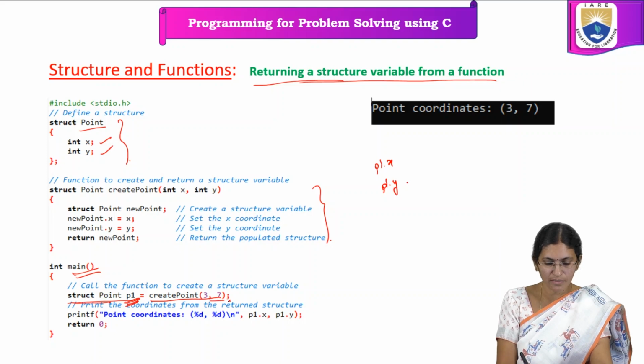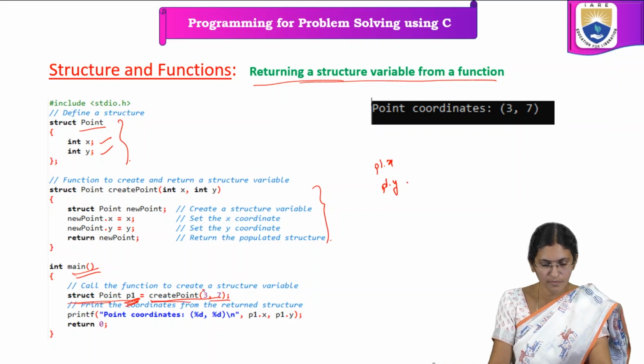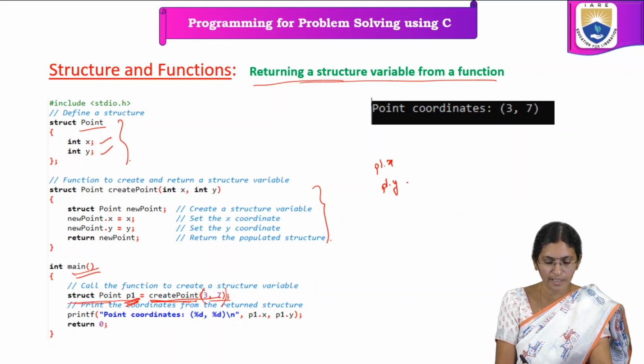Then after that, we are calling the function. The function name is create point, and inside the parentheses we need to mention the parameters. The parameters here are 3 and 7. So P1.x is 3 and P1.y is 7.